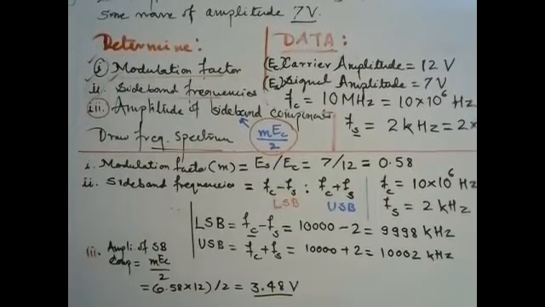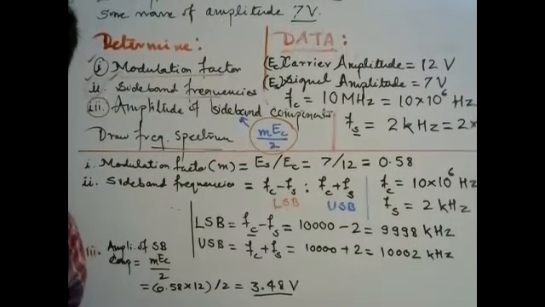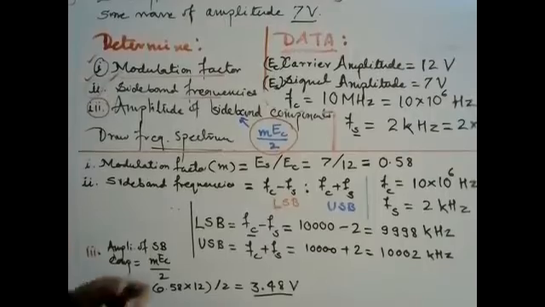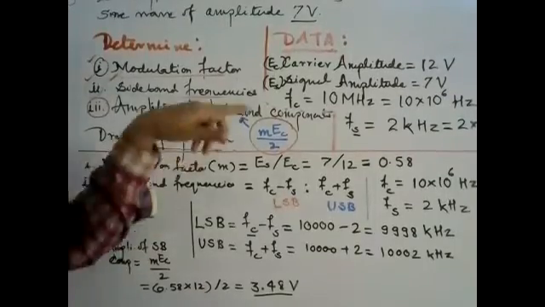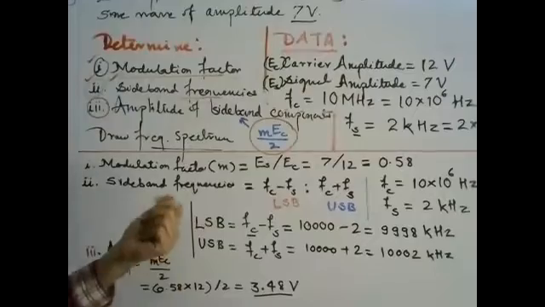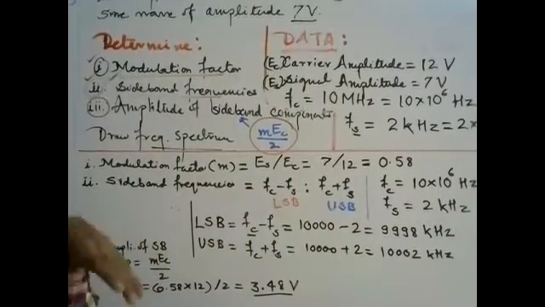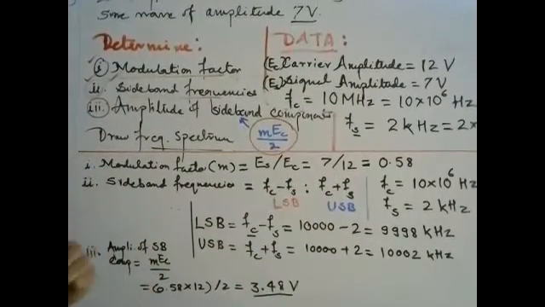From this knowledge, dear student, we can draw the frequency spectra. So you have carrier amplitude, signal amplitude. Please write all of it, and then we will plot the frequency spectra.